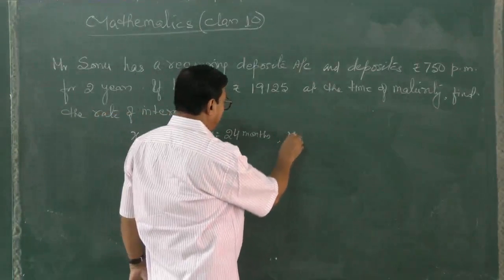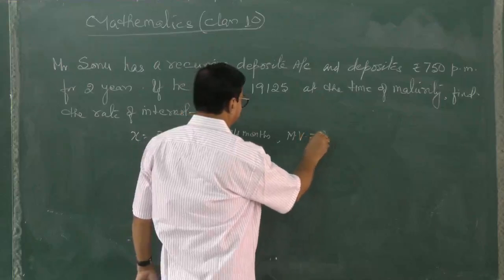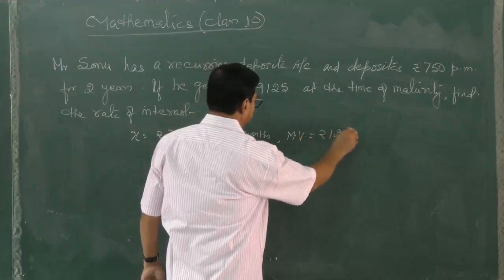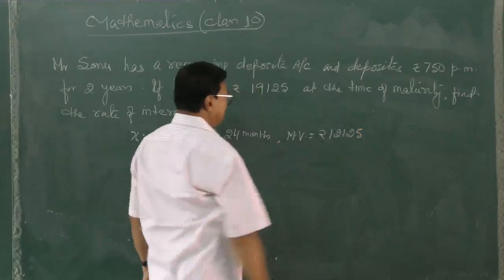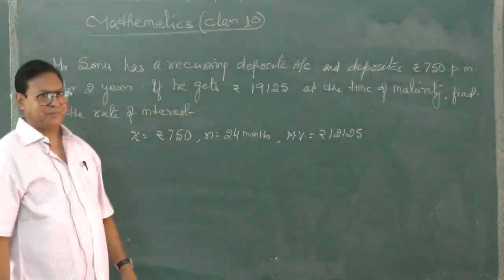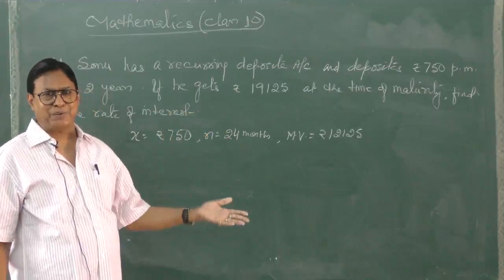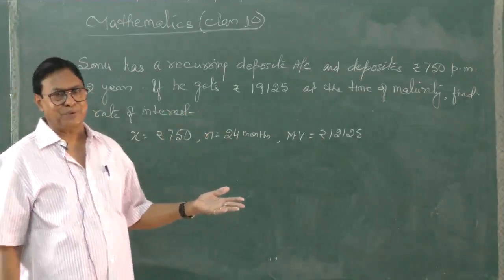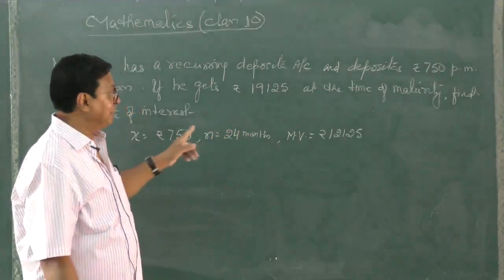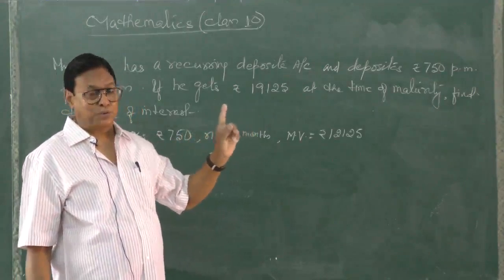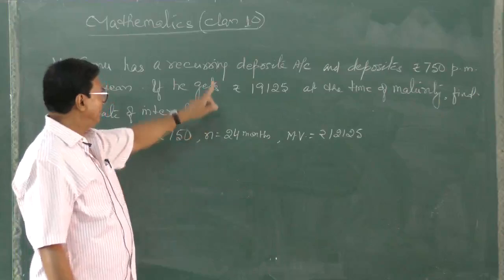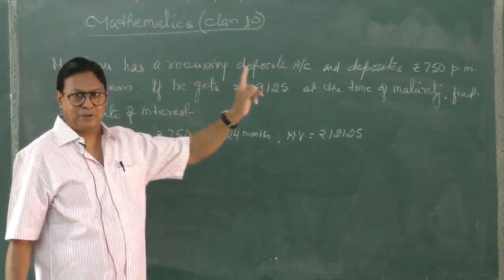So this is the maturity value. You have to find the rate of interest. Now what is hidden here is the total deposit. So total deposit is already there, 750 into 24.